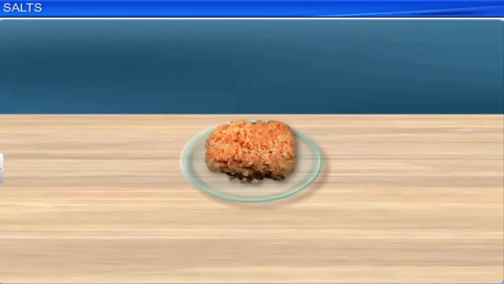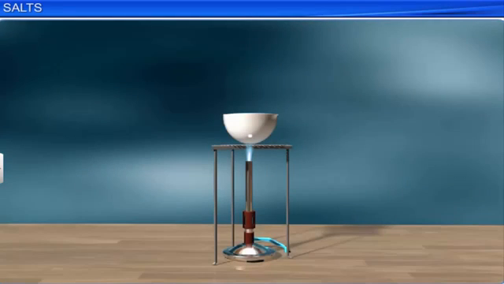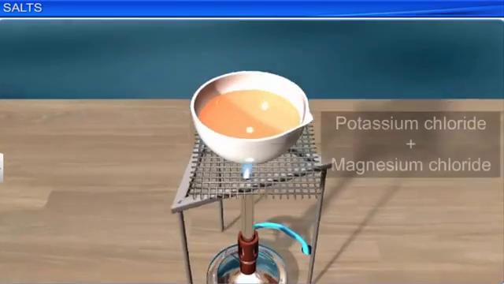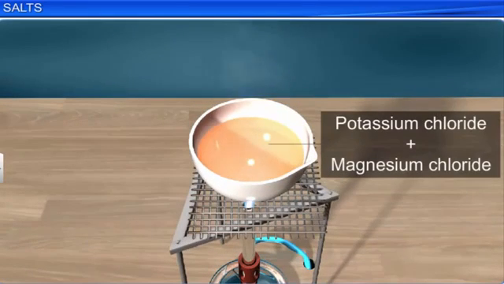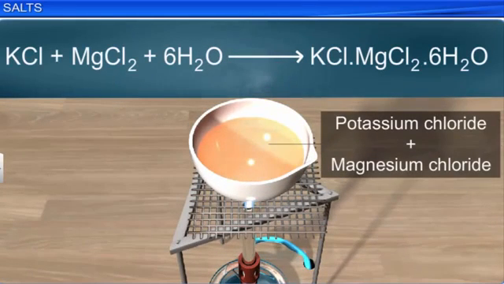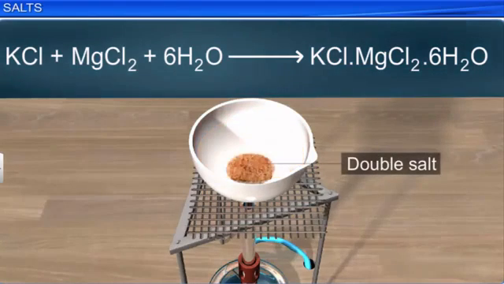The crystallization of a mixture of 2 apparently saturated compounds, which lose their identity when dissolved in water, forms double salts. For example, when the saturated solution of potassium chloride and magnesium chloride is evaporated, a double salt known as carnallite is formed.